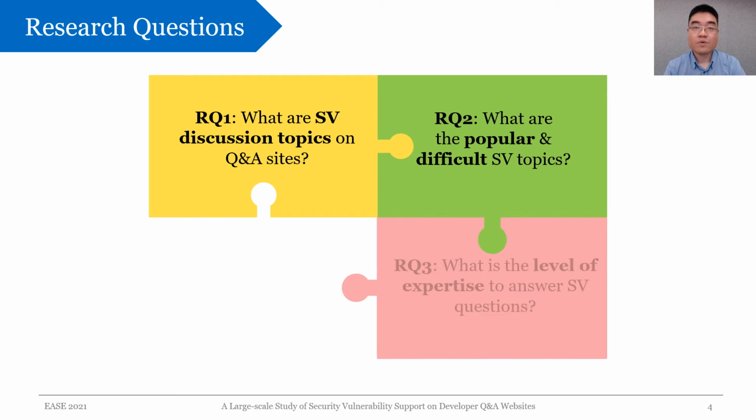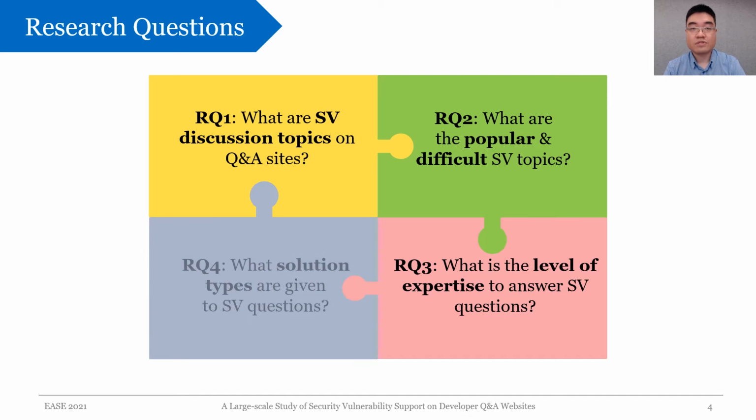In the third research question, we investigate the level of expertise to see whether there's a lack of knowledge in any topic requiring more support from experienced users. In the last research question, we provide a complete picture of Q&A site support for vulnerability discussions. We give insight into the solution types typically provided by experienced users.